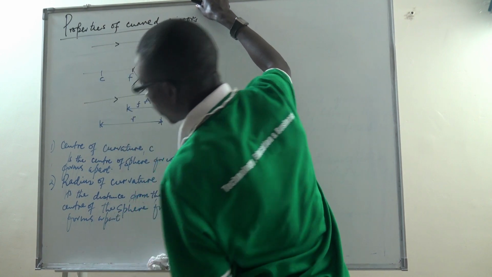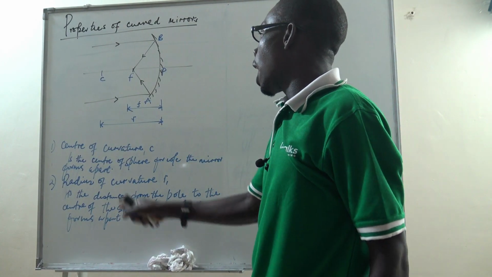In other words, I'm trying to mean it is the distance from the pole to the center of curvature.